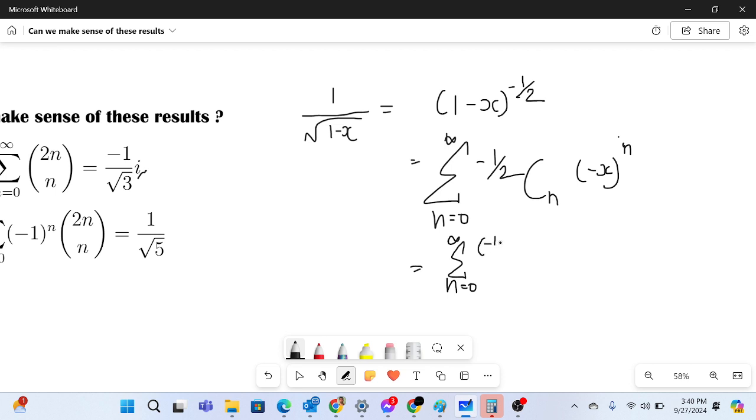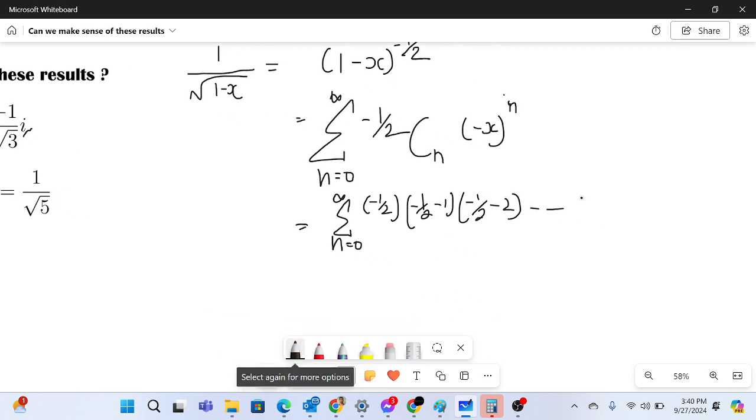What we do is we write n such expressions: minus 1 by 2, minus 1 by 2 minus 1, minus 1 by 2 minus 2, up to minus 1 by 2 minus (n minus 1).